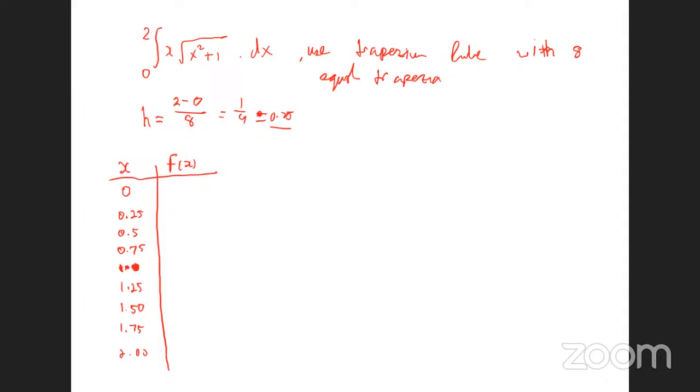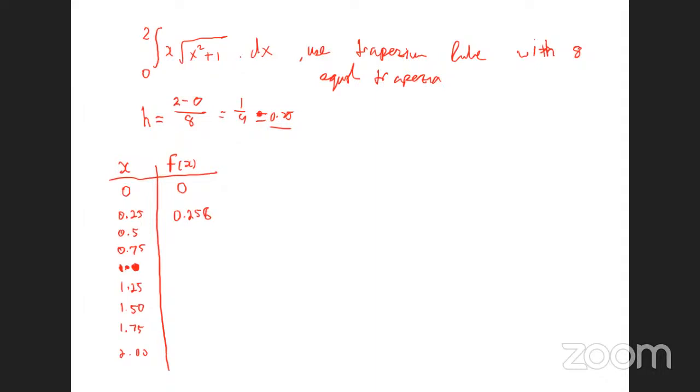Right? When you plug in 0, you're getting 0, obviously. When you plug in 0.25, what did you all get? I have 0.258, right? Round it off to 3 significant figures.